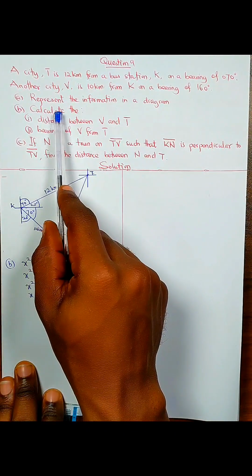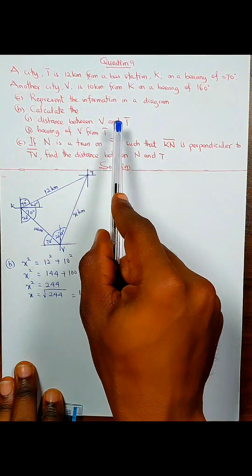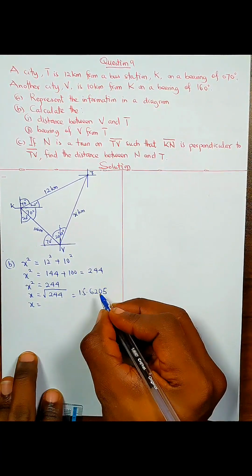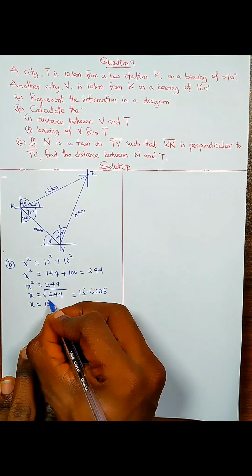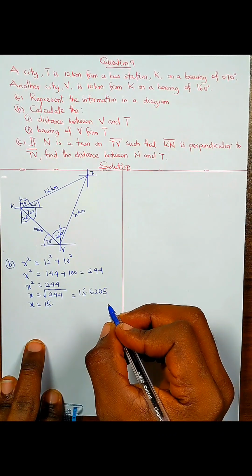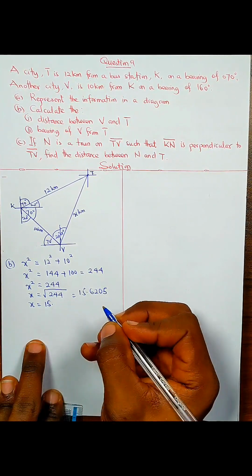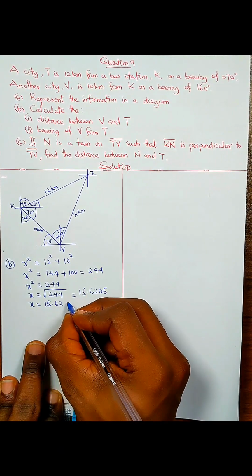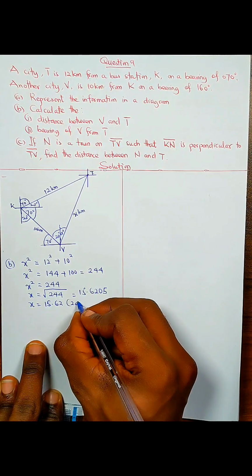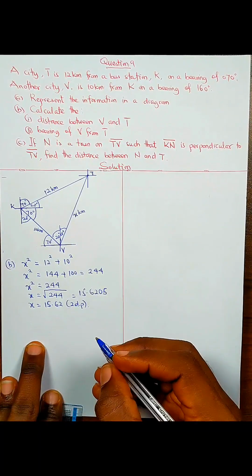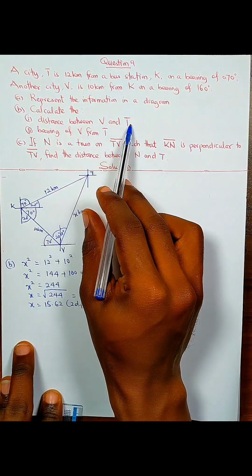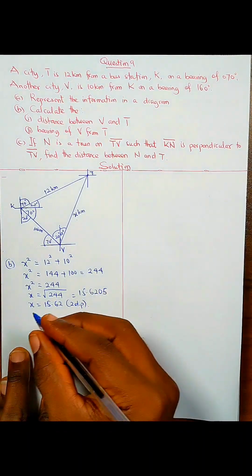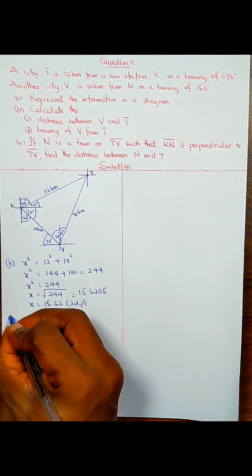No. It says calculate the distance between V and T. So I can now choose to approximate it. Let me just use 15.62 and I write 2 decimal places. So I've been able to find the distance between V and T, and that is what? X. Okay, let's go to the second part of the question.